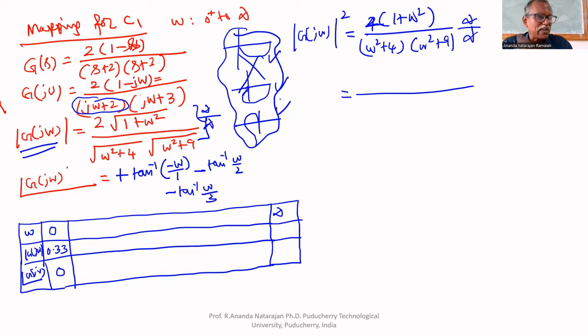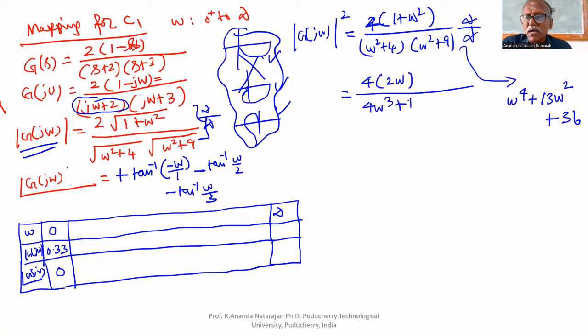That's why differentiate the numerator and denominator with respect to omega. Before that, we have to convert this into a polynomial. That is omega power 4 plus 13 omega square plus 36. So if you differentiate this, what you will get? 4 multiplied by 2 omega. Here you will get 4 omega cube plus 26 omega plus 0.